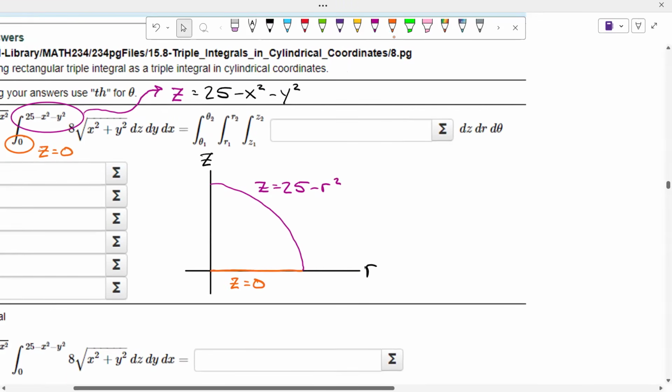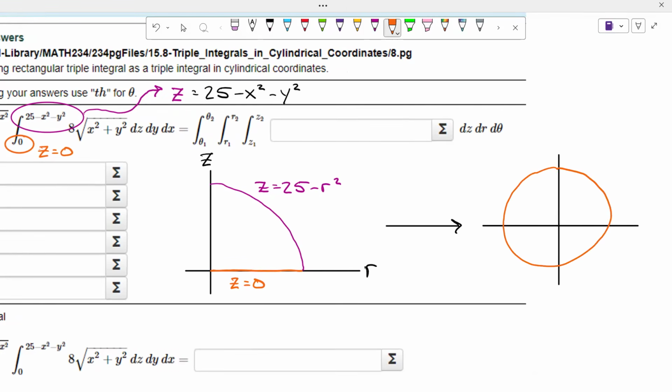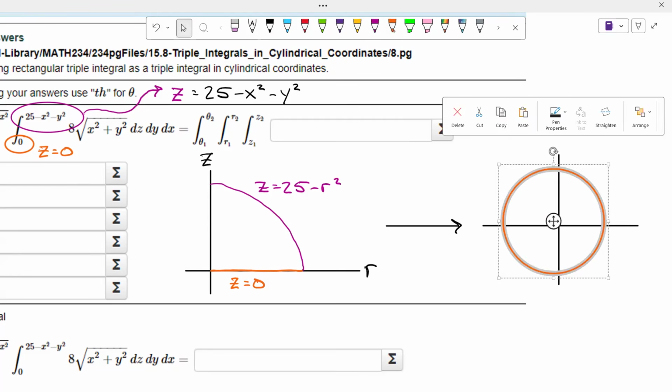So looking at their intersection or their projection down into the xy plane, again, a rather convenient looking projection. It just gives us the circle r equals 5.